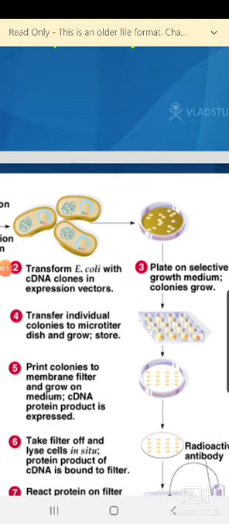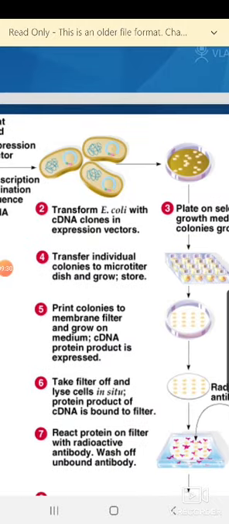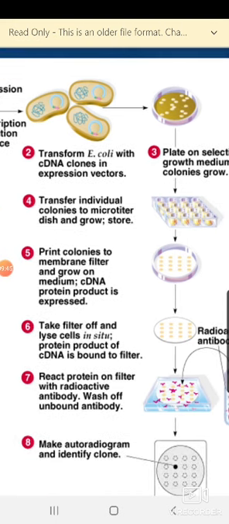So each colony is transferred to a microtiter dish and grows in the media. Then from there I take the colonies to a membrane filter and grow them on medium. The cDNA protein products are expressed. Transferring to a microtiter dish and allowing them to grow will allow the protein to be transcribed and translated.